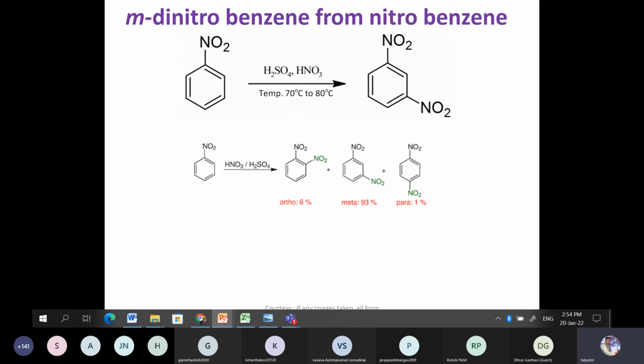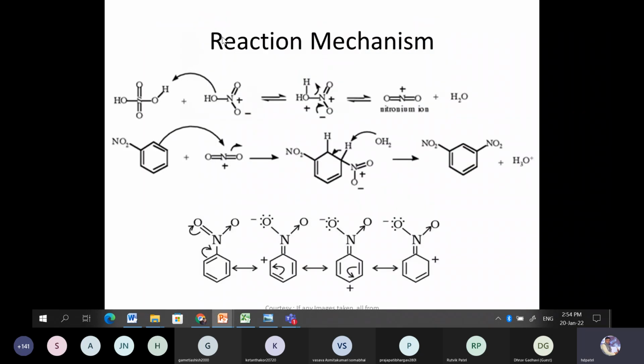Now, as we know, the nitro group is meta-directing. Why is the nitro group a meta-directing group? That we can understand based on the characteristics of the nitro group. The nitro group acts as an electron withdrawing group.